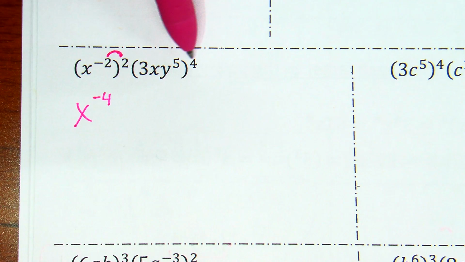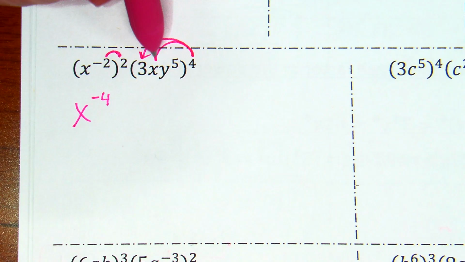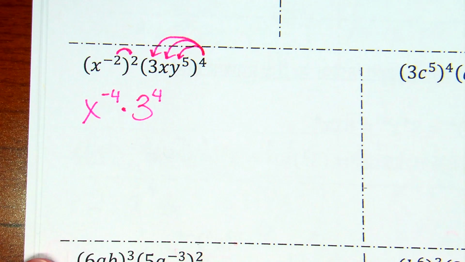Good. 3, x, and y. So as I write this out, I'm going to have a 3 to the 4th, an x to the 4th, and a y to the 5th raised to the 4th.